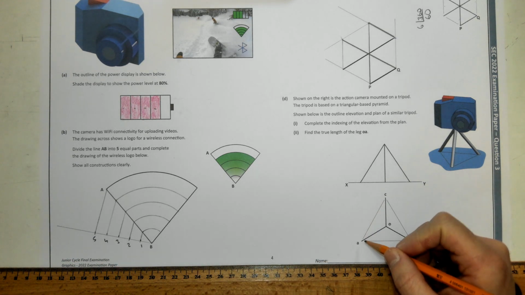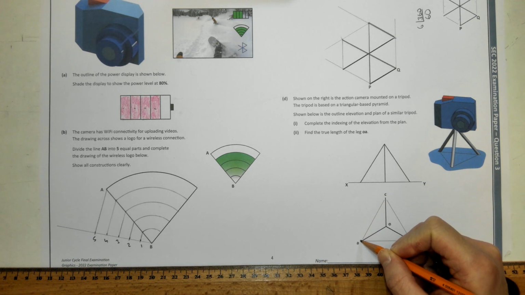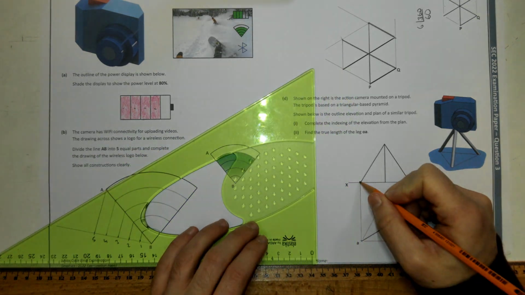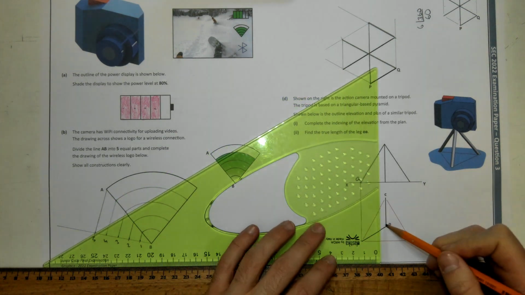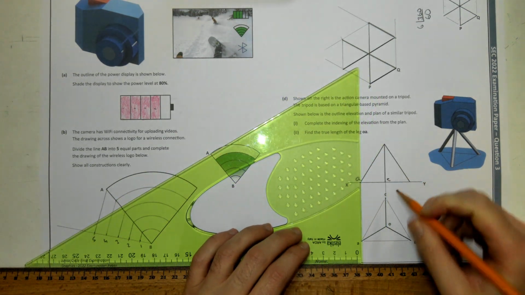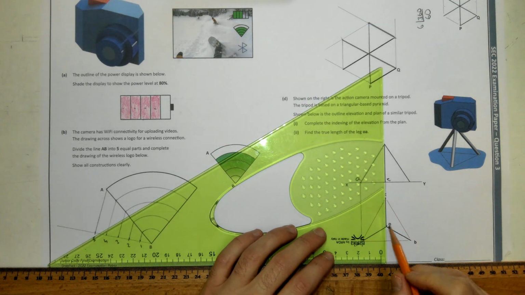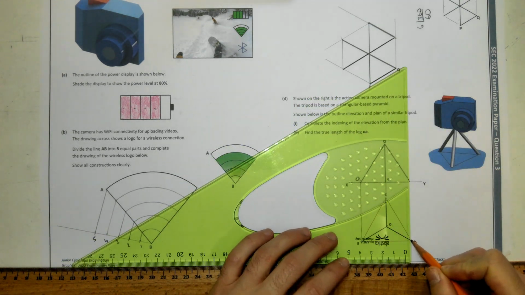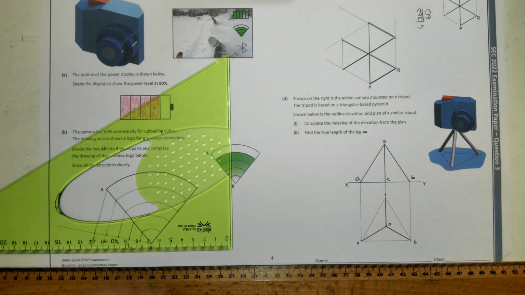So what they want us to do is find point A in elevation, and very simply, if we follow A up, A goes to that point there. C is on the ground as well, so we follow C up, is there. O is on the same line, but it's the top up here, and then B is this corner here, we follow it up, and that's it labelled there.